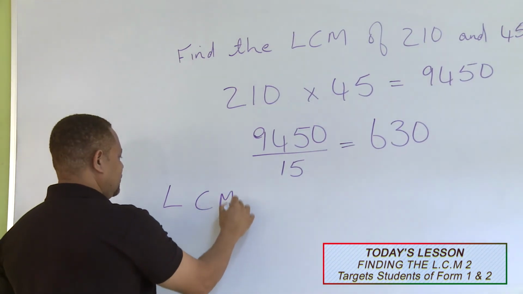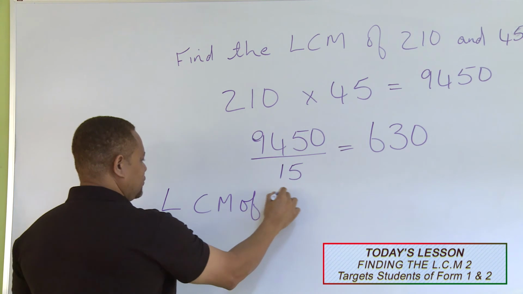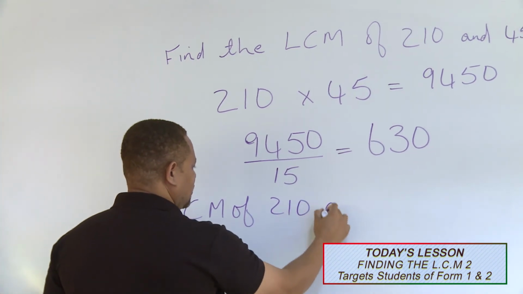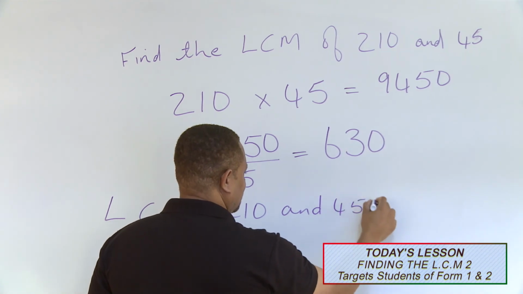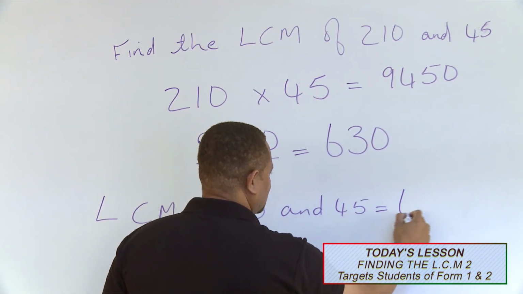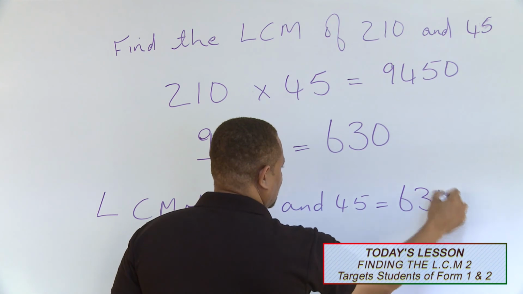So now we have found the LCM of 210 and 45. The LCM of 210 and 45 is equal to 630.